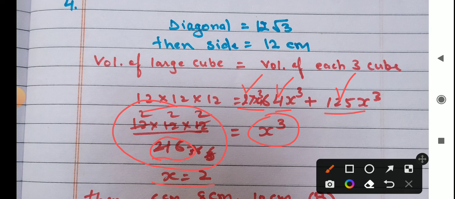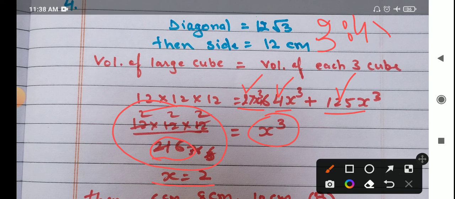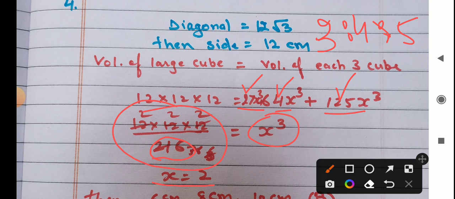And what was the ratio of the sides of the cube? This was 3:4:5. So the answer will be according to this. X value is 2, we assumed here 3x, 4x, 5x.